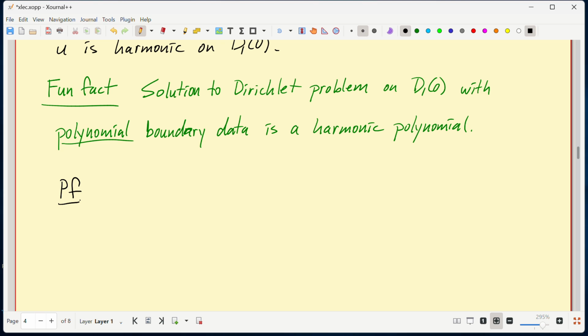Let's suppose we have a real polynomial, p of x y. And that would be a polynomial where x is z plus z bar over 2, and y is z minus z bar over 2i.